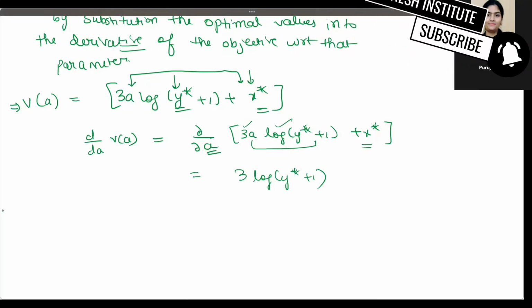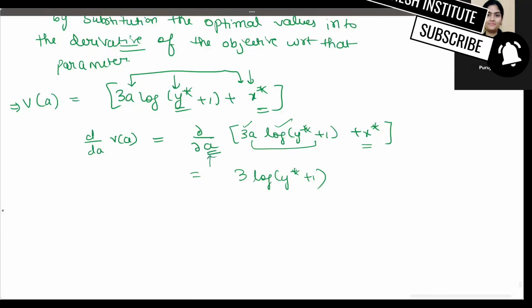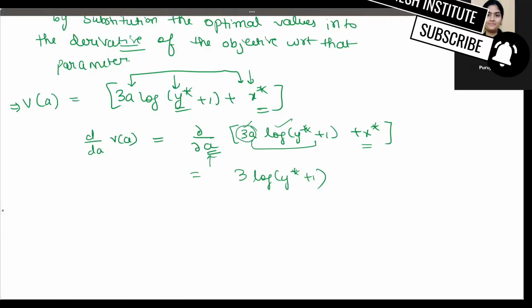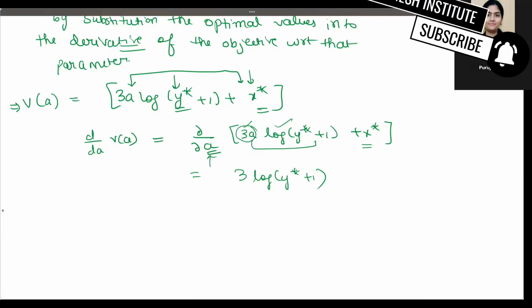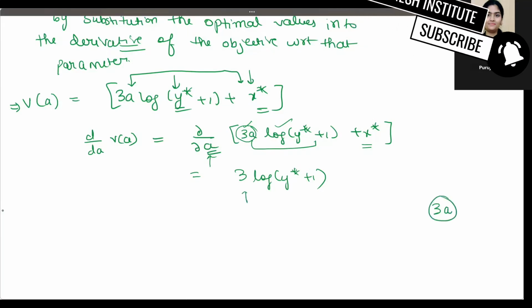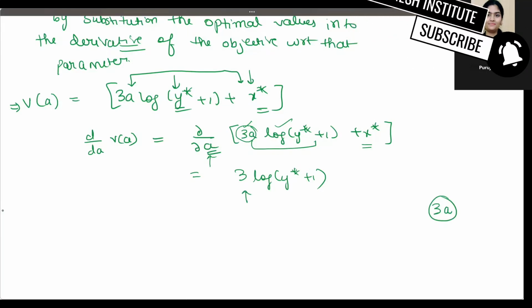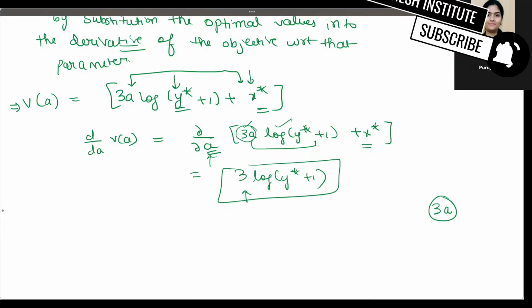But we are doing only with respect to a, so only this one. Other than that, everything will come out as 0. Even if you put the chain rule, it's going to be 0. Now you've got the function's value.